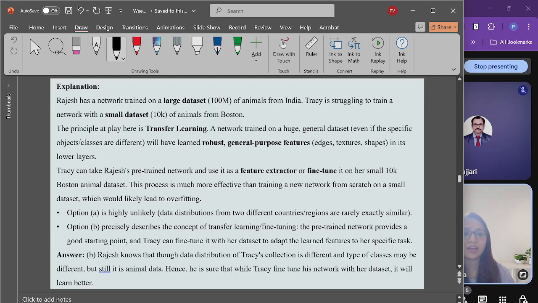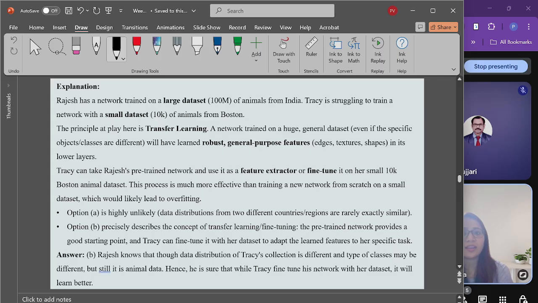We are taking any network like VGG or ResNet or RCNN, CNN, you can take any network. All these networks are already trained on the COCO dataset or ImageNet dataset, right? And after that, you are training your dataset on that.